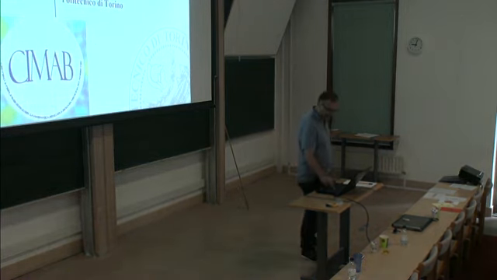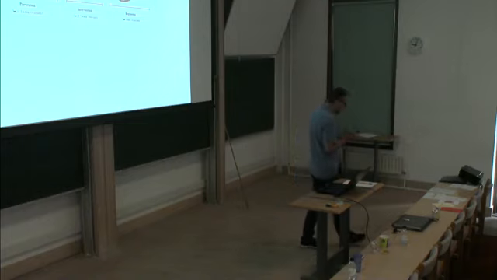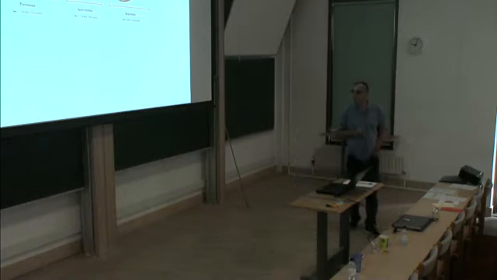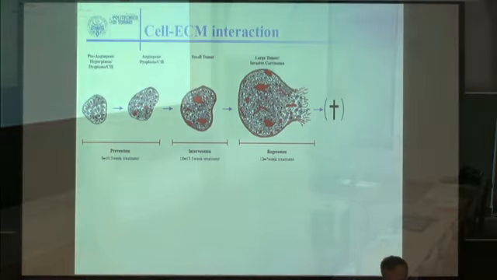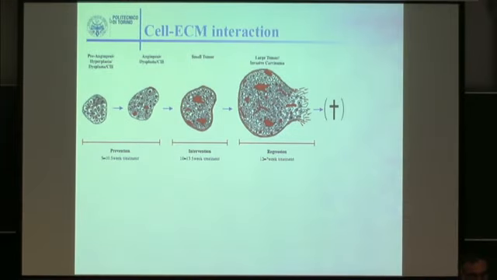So, yes, I'll tell you the story of why I got interested some time ago in trying to understand more about cell extracellular matrix interaction. My interests are essentially in development of tumors, tumor growth, cancer modeling, and tissue remodeling.